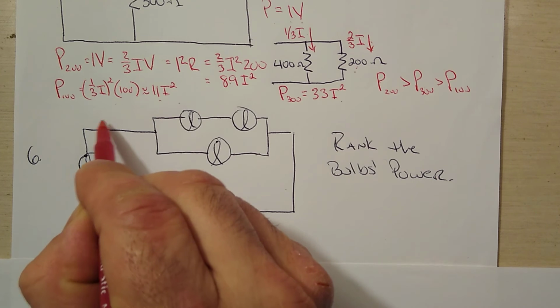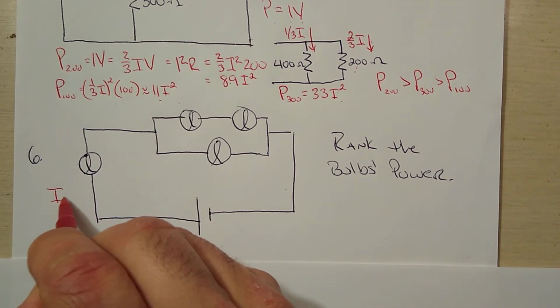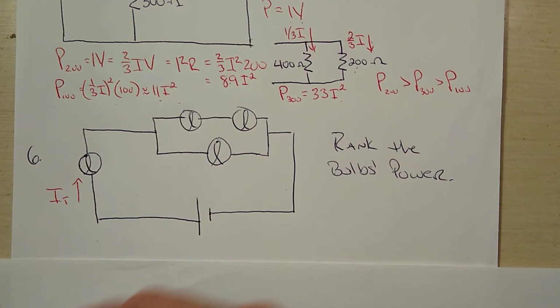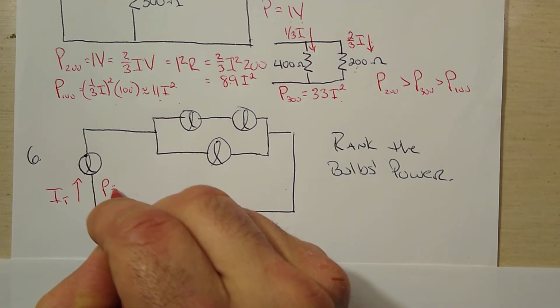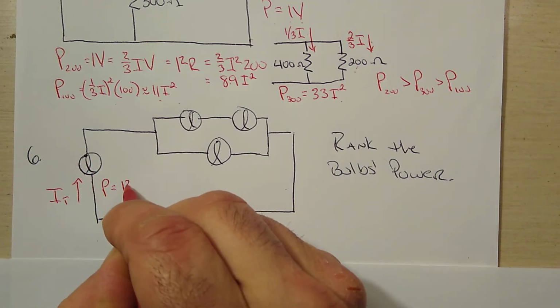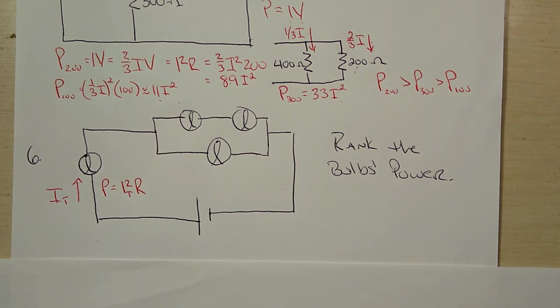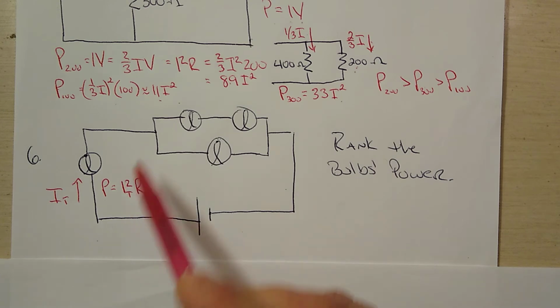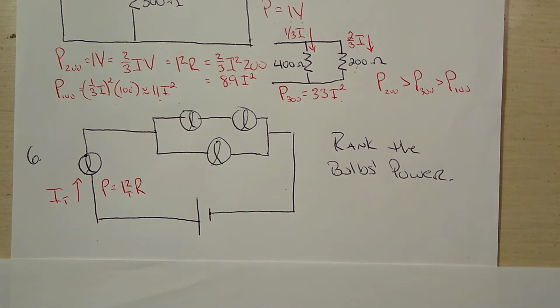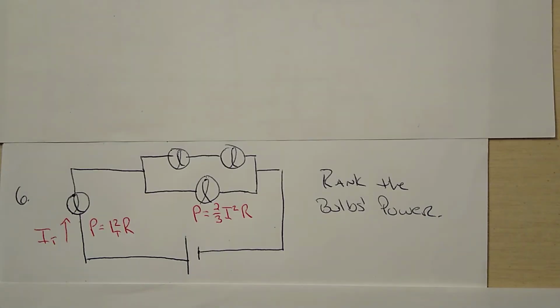Once again, we have a total current that is going to be going through this guy with its resistance. And we could have a power then, it would be I total squared times its resistance of R, right? And let's see how it compares to this branch and this branch.